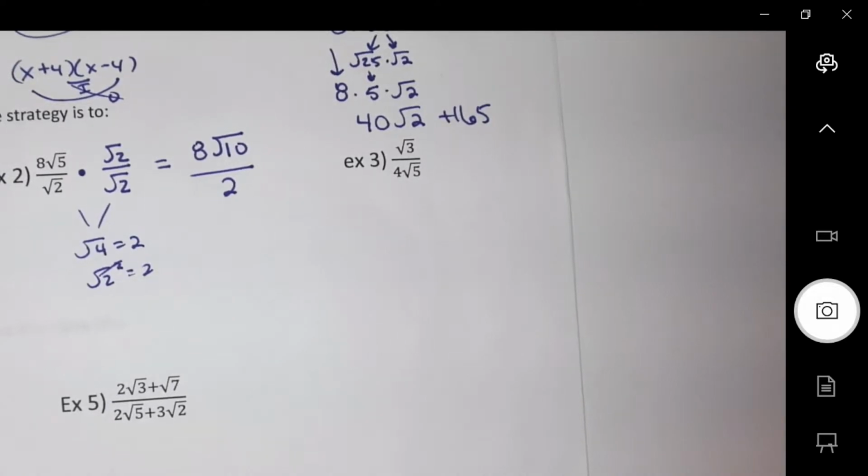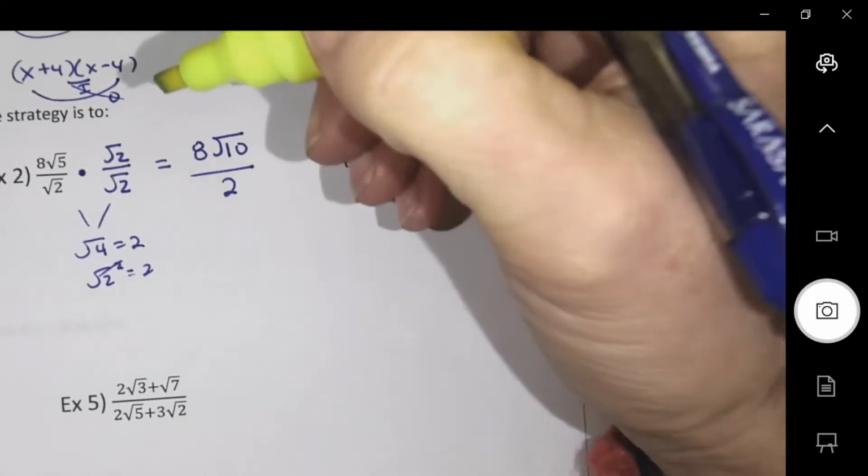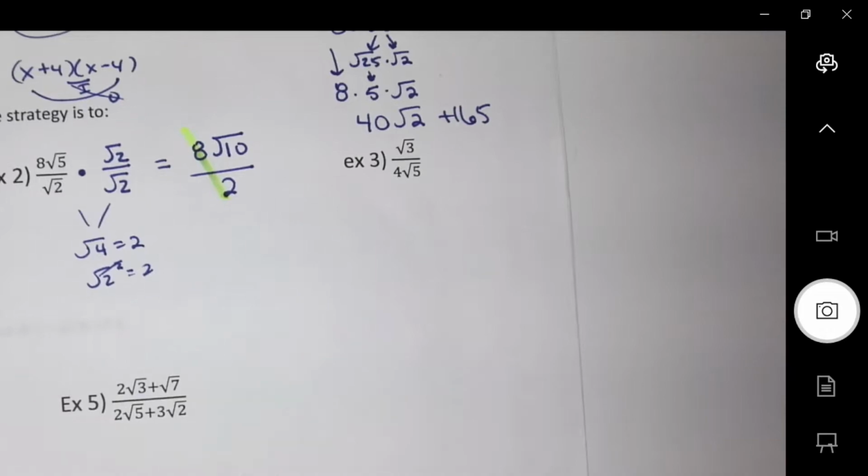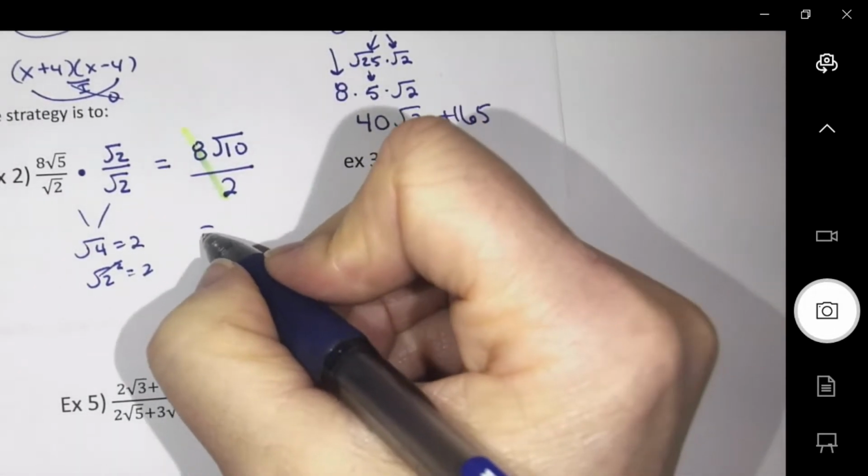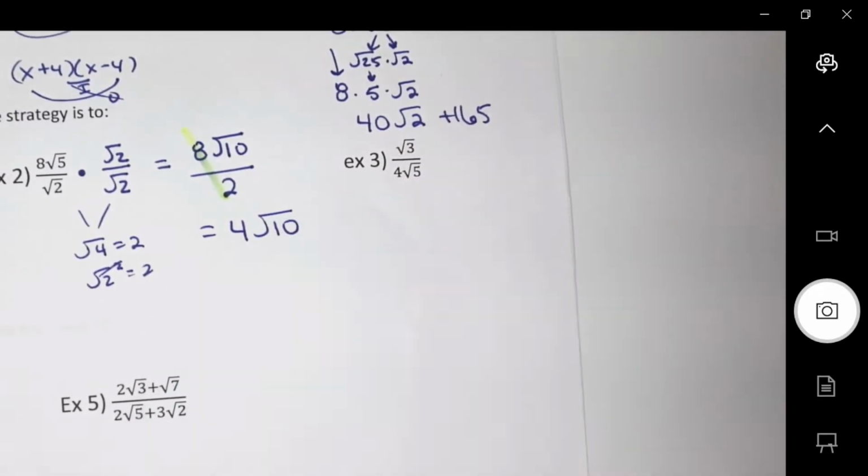On this, I'm expecting you to simplify, which means I can also divide those whole numbers. So my answer would be 4 root 10. Please never, ever, ever combine radicals and whole number parts together. They're always compartments with each other.